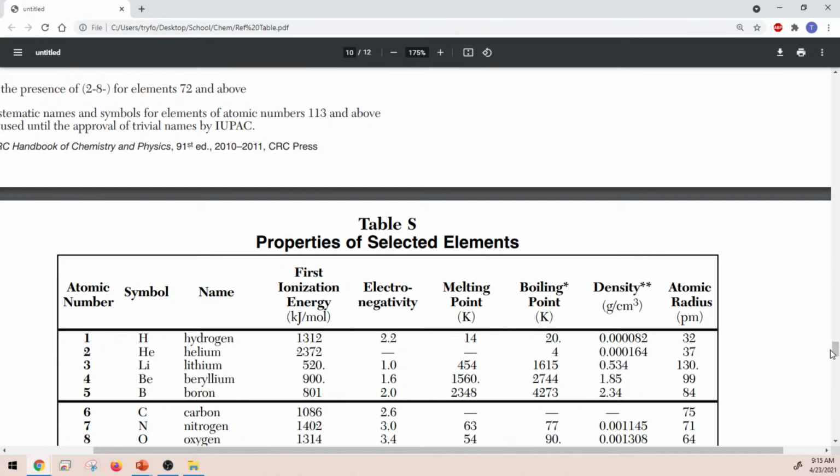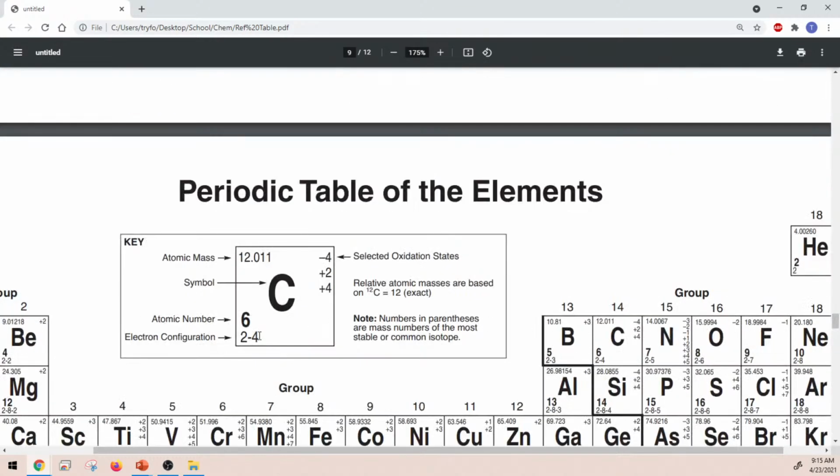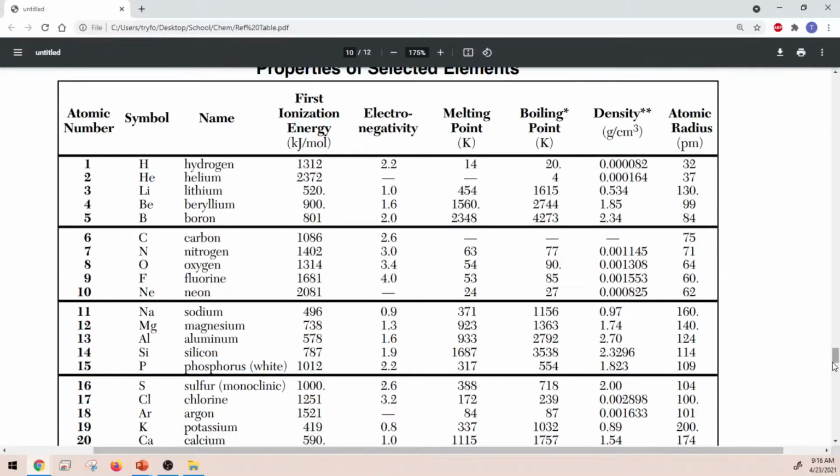So instead of having to say, I know electronegativity increases as we go up and to the right, I can just look at table S and have actual numbers to compare two elements. If I wanted to compare nitrogen and oxygen, 3 to 3.4, oxygen has stronger electron pull than nitrogen does. And that information is given to us on the table.